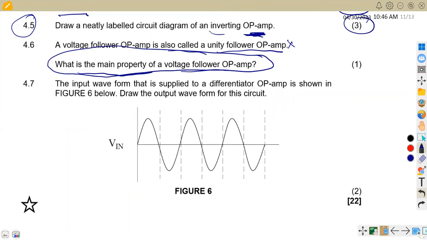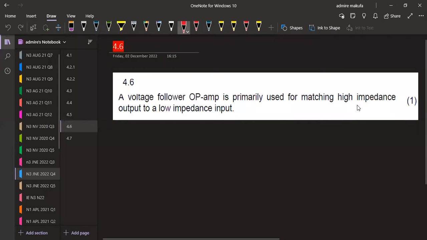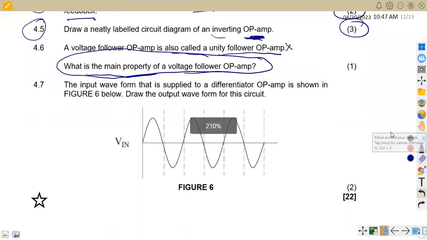It is primarily used for matching a high impedance output to a low impedance input. That is low input impedance or low impedance input, with the high output impedance. You can have it that way, which is easier for your understanding, depending on how you understand this, guys.